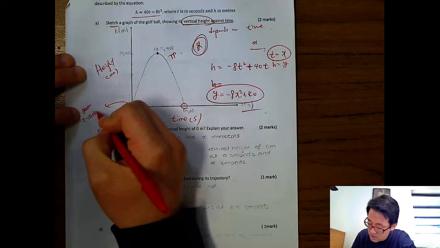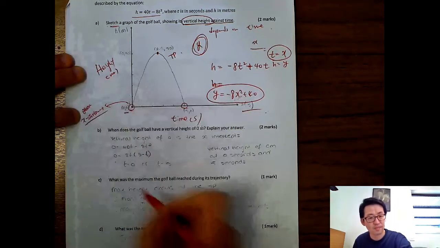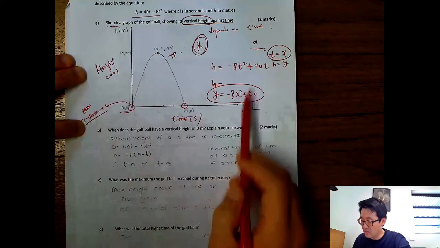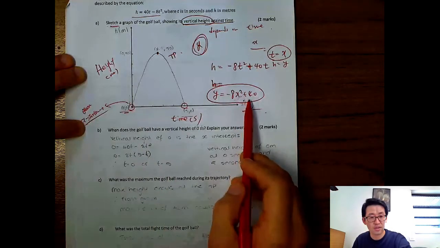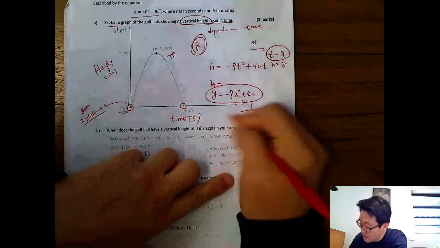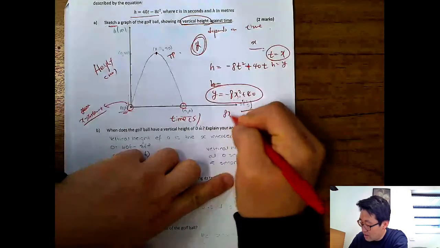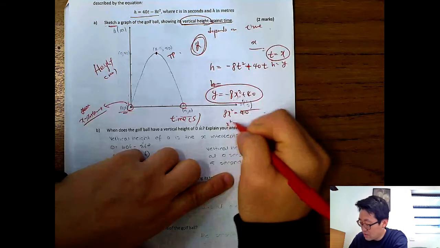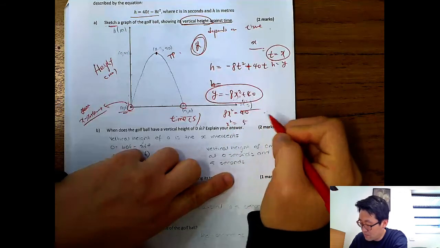X intercept. When y equals 0, then I will get the 0 and 5. Calculating this, 8x squared equals 40, x squared is 5.